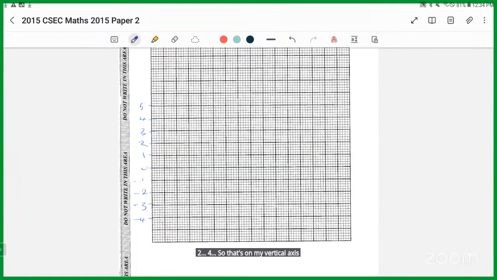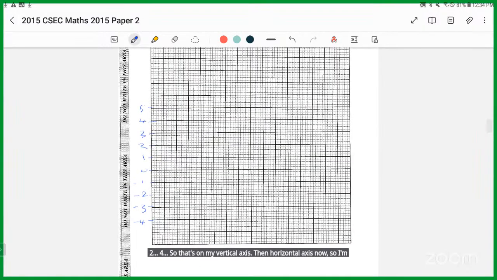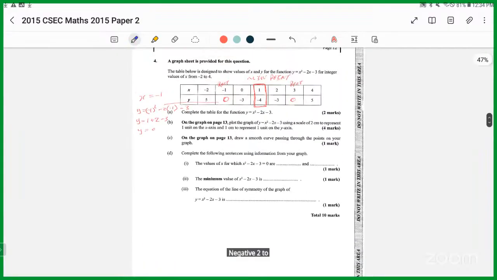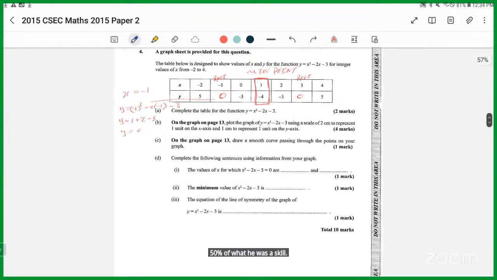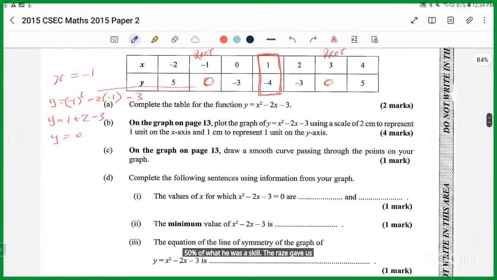Then the horizontal axis from negative 2 to 4. The question gives us a scale. It says 2 centimeters to represent 1 unit on the x-axis and 1 to 1 on the y-axis. So it's the same scale I'm using.